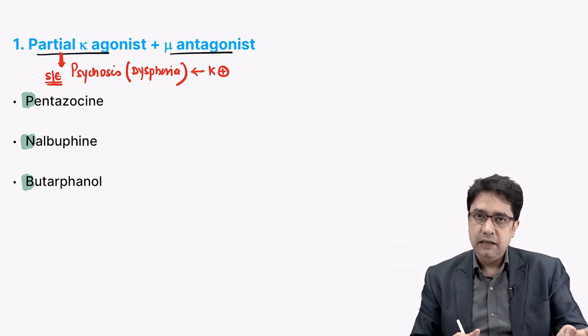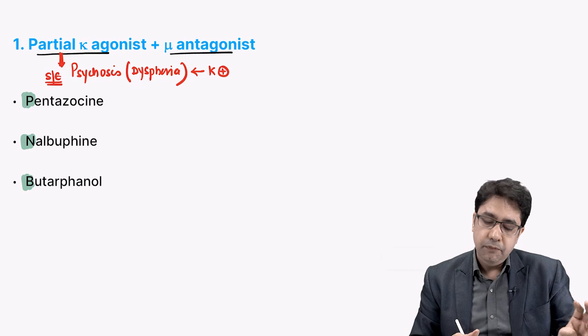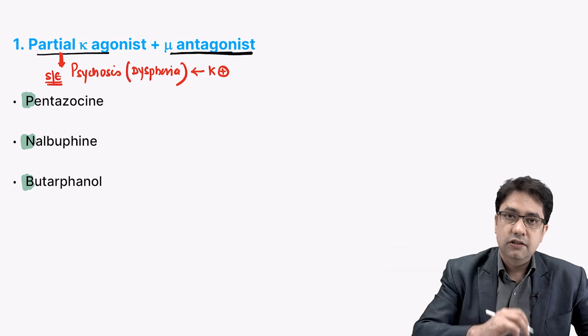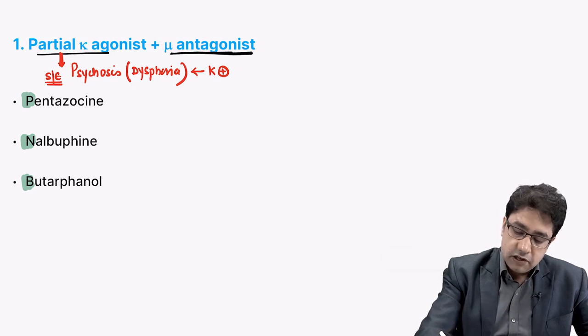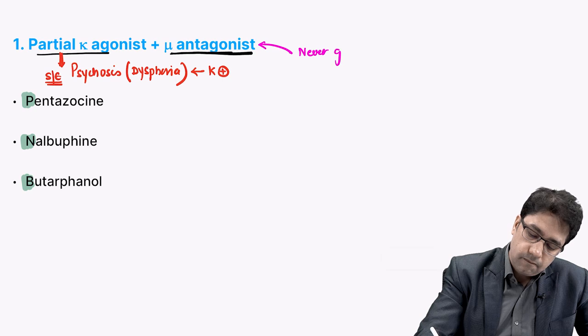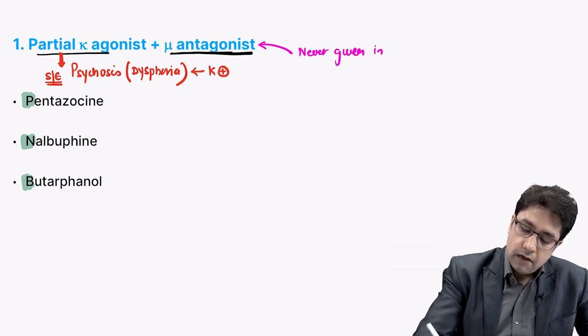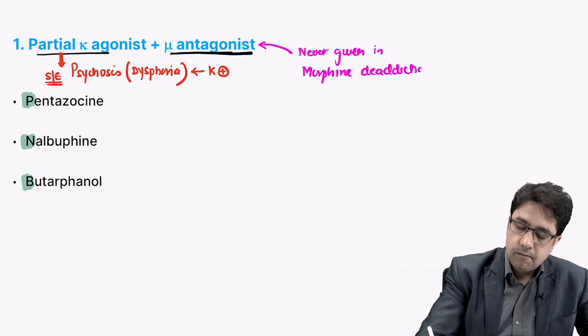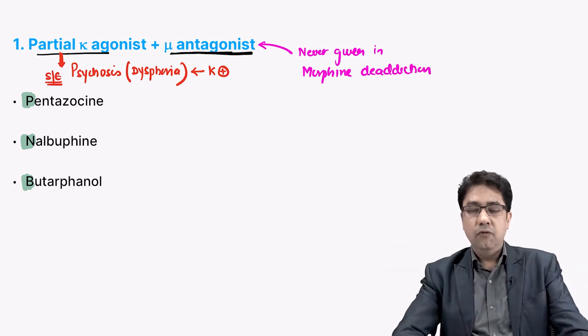PNB: pentazocine, nalbuphine and butorphanol. Now these drugs are mu antagonists. Remember, because of the mu antagonist property, they are never given in morphine or opioid de-addiction.